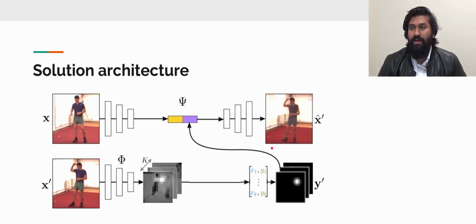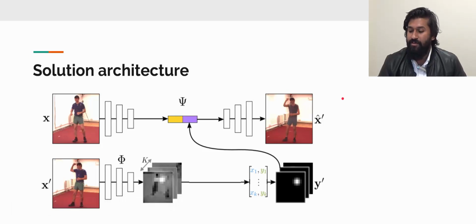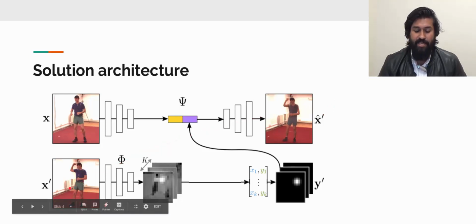So how are we gonna train this network? Basically here they are reconstructing the target image, that means x prime to x prime hat. So the loss would be a reconstruction loss between x prime hat and x prime.